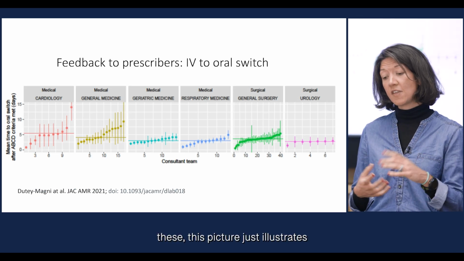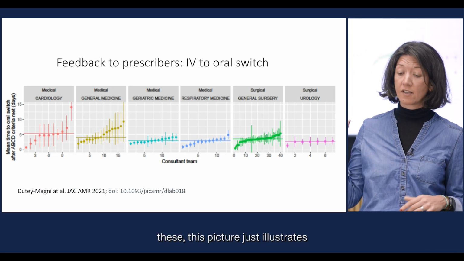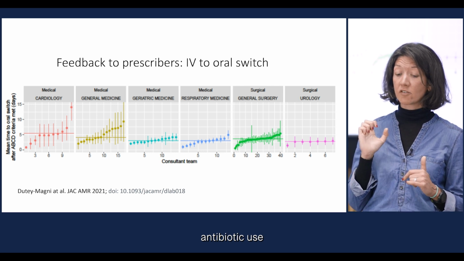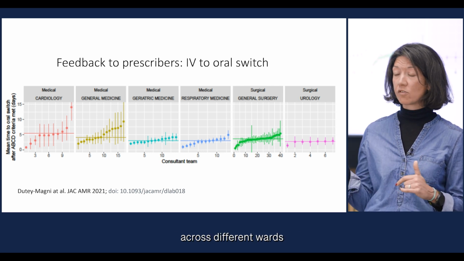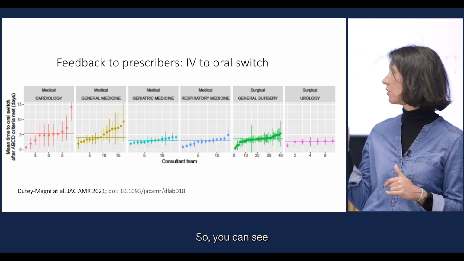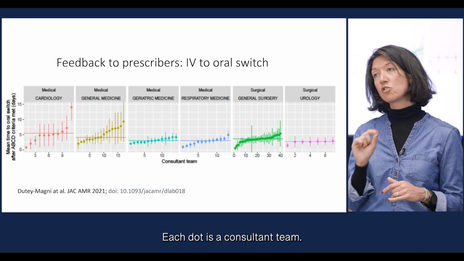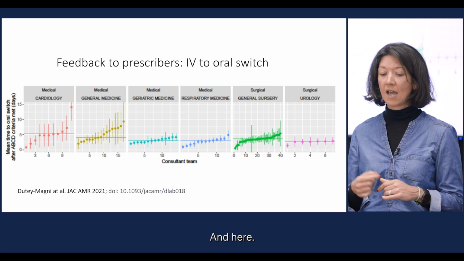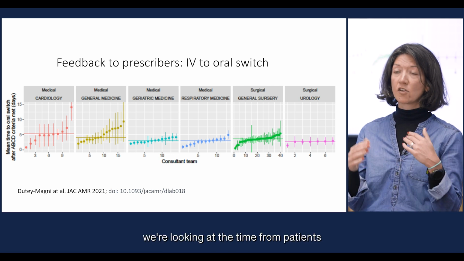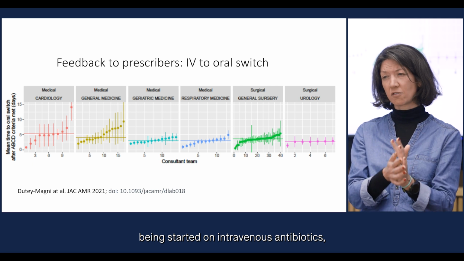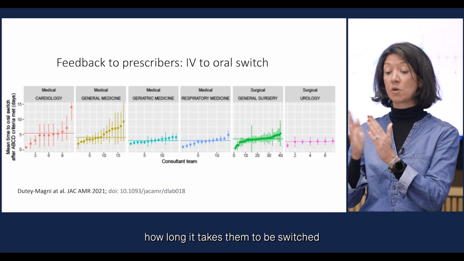With the first of these, this picture illustrates some work that we did looking at antibiotic use across different wards and specialties in the hospital. You can see cardiology, general medicine, and so forth. Each dot is a consultant team. Here we're looking at the time from patients being started on intravenous antibiotics to how long it takes them to be switched to oral.